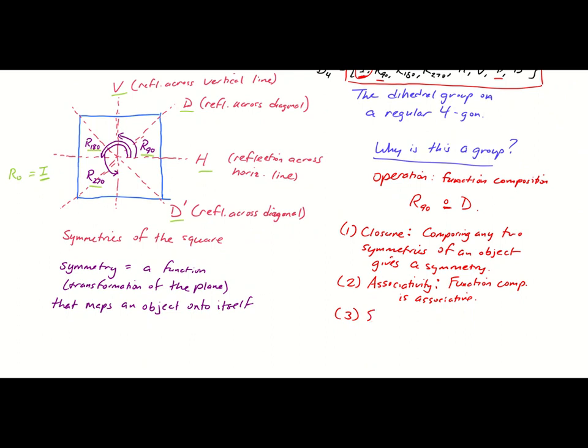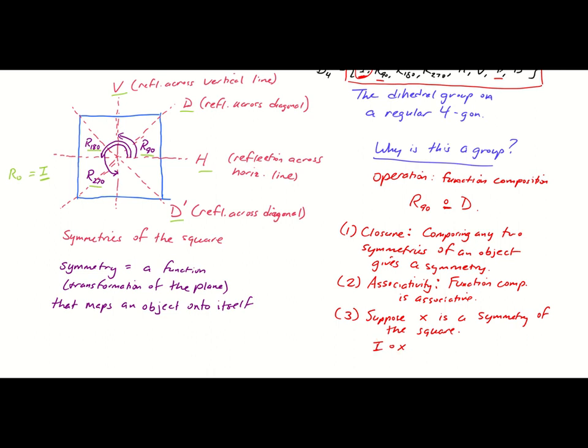So let's suppose x is a symmetry of the square, where x is one of those 8 elements up there. Well, what happens if I compose I with x? Well, that means perform x and then do nothing else, because performing I means really doing nothing.